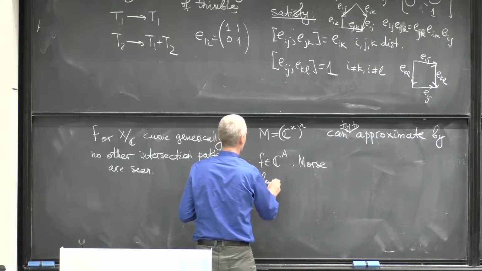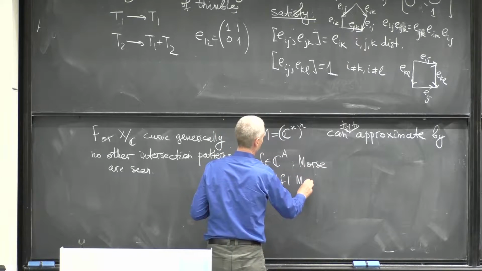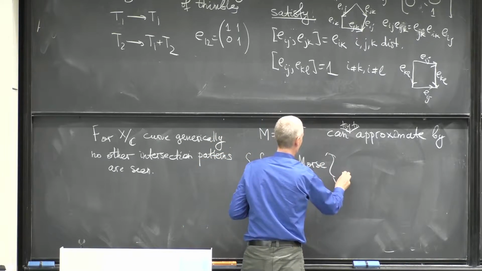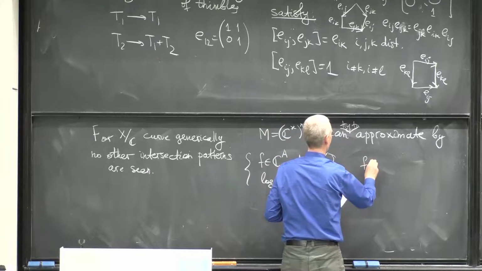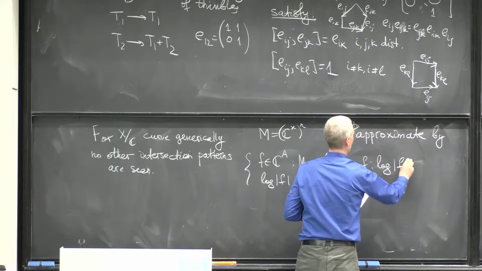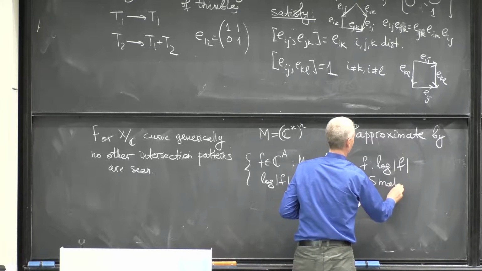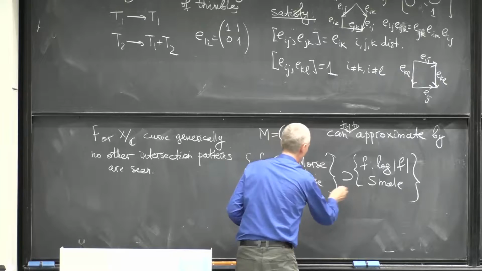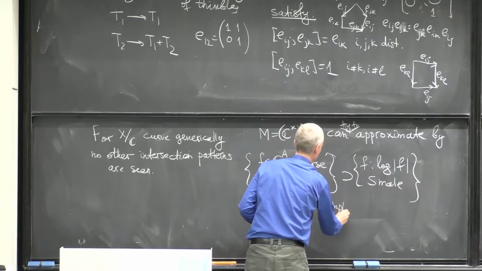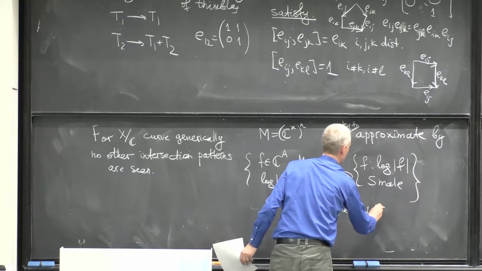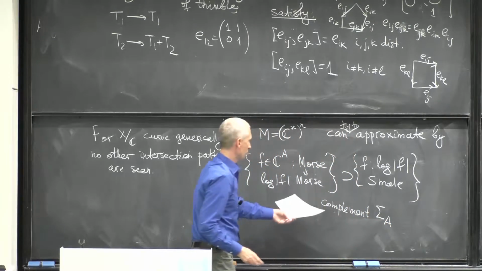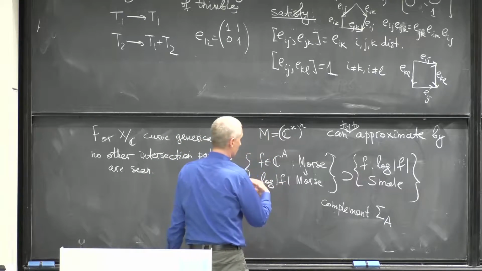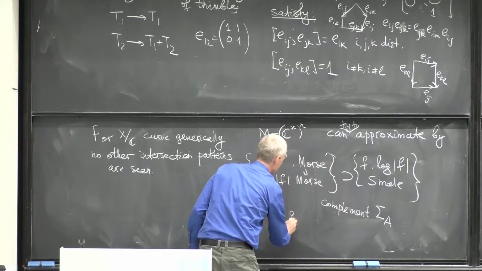So in particular, logarithm of absolute value of f is Morse. And inside, we can say that f, of which logarithm of absolute value of f is small, would be the complement of sigma A. Again, it will be some union of walls, and this gives a model for Stokes walls.